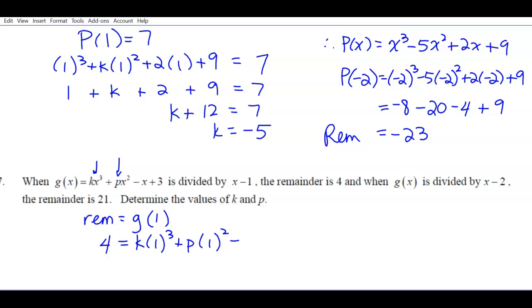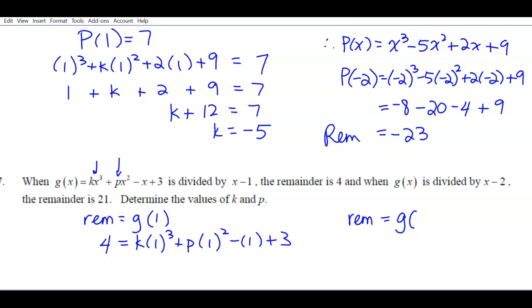Substitute 1 in for every x. Then we're going to do the remainder equals g of 2.